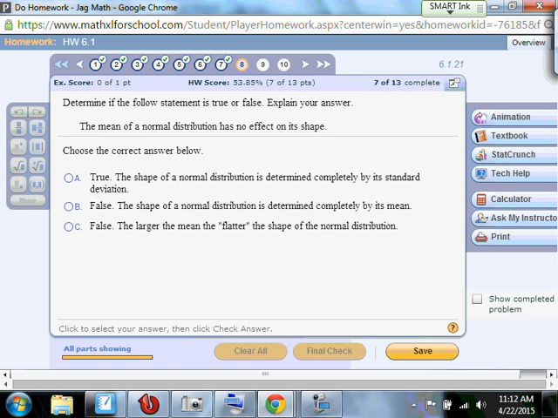Moving on to number 8. Which is correct? The mean of a normal distribution has no effect on its shape. Is that true, or is that false? That's false. What did the mean do, though? The mean did do something with the graph. It changes its location along the horizontal axis, okay? But it doesn't affect its shape.